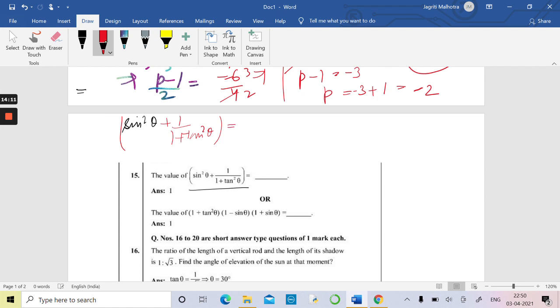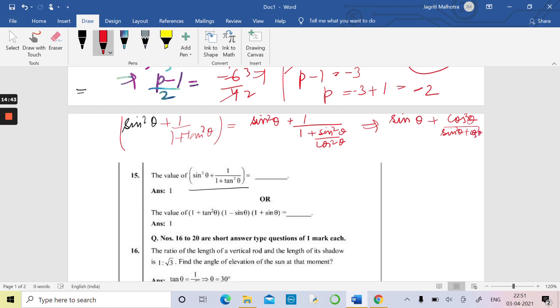This means sine square theta plus 1 upon 1 plus sine square theta upon cos square theta. This means sine square theta plus cos square theta upon sine square theta plus cos square theta.